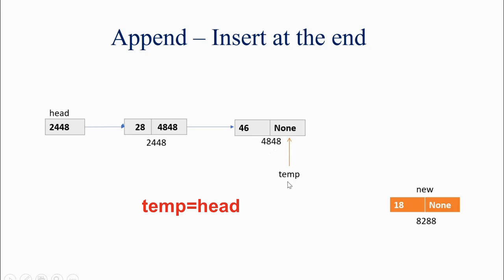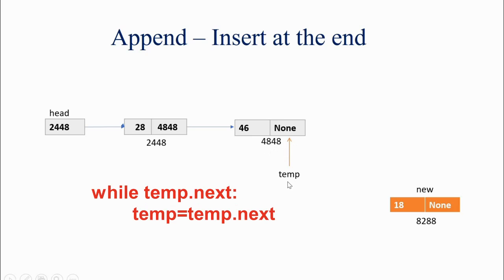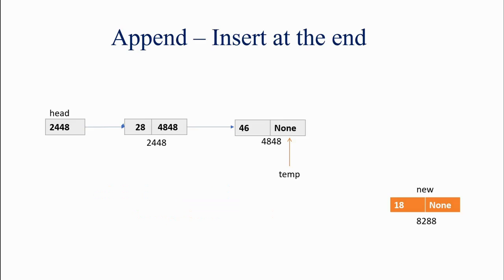For that we will have a while loop which will check temp.next has reached None and then this temp will traverse till the end. In each iteration of the while loop we will update temp to temp.next if temp.next is not None. When temp.next is None, that is when temp is pointing to the last node, the loop will exit.